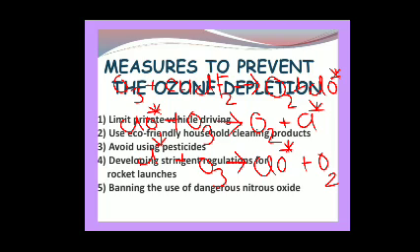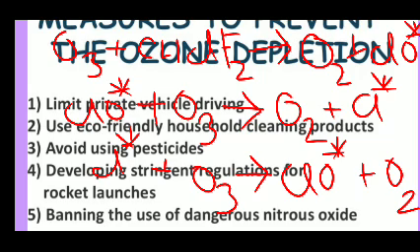Prevention methods of ozone depletion. Limit the use of vehicle driving. Vehicles we are using release harmful gases like nitric oxides, methane, and carbon dioxide into the atmosphere.